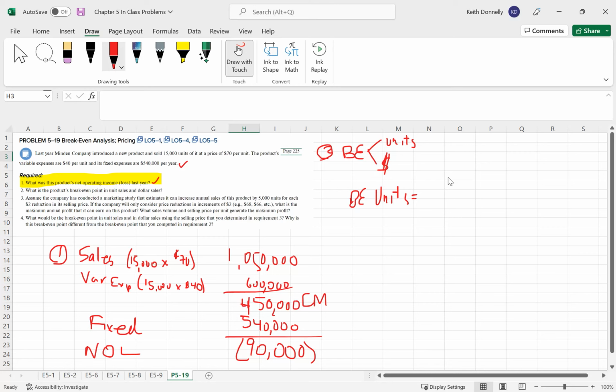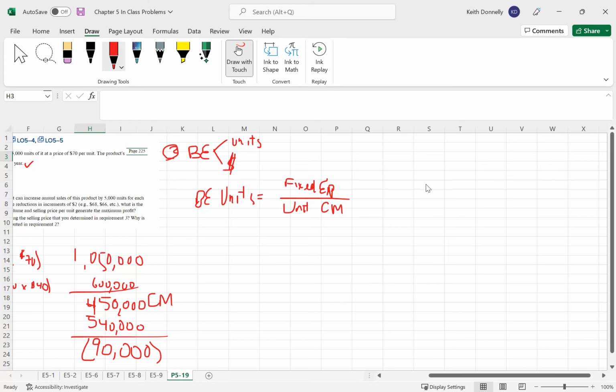There's another way you can do it as well, right? It's going to be your fixed expenses over your unit contribution margin. So if we plug this in, our fixed expenses are 540,000, right, from down here.